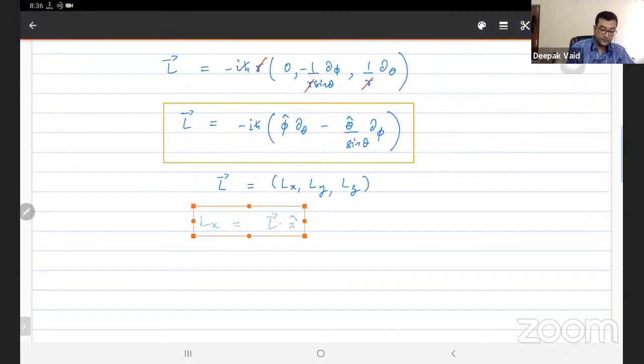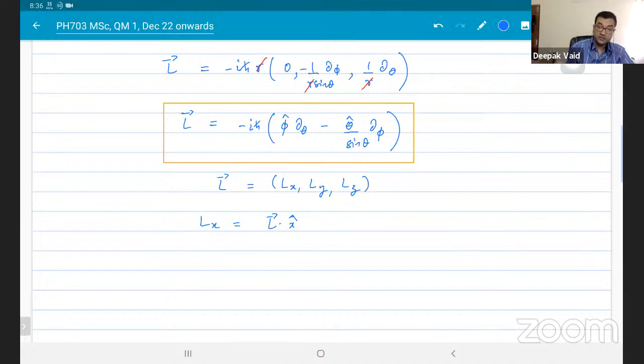This is the definition of the x component of any vector: the dot product with the unit vector in that direction.